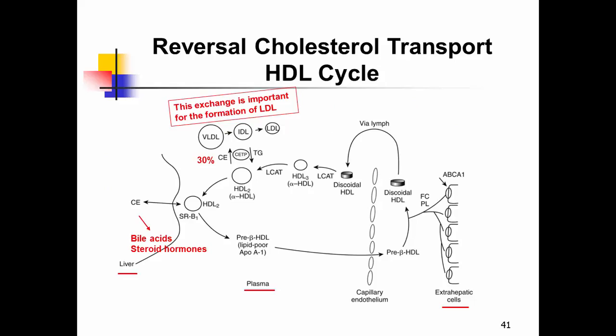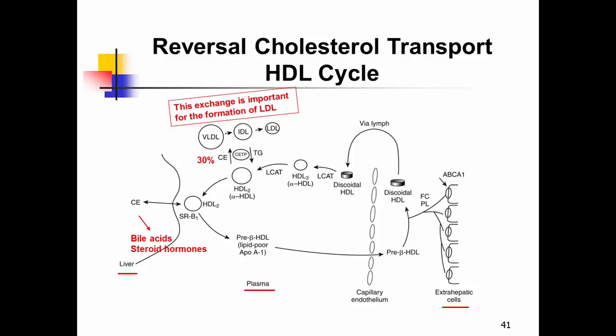So this diagram, I think, gives us a better idea of the whole process, particularly the many steps that occur in the plasma. Let's go through the whole process. The right side represents peripheral tissue cells, and you can see the ABCA1 located on the cell membrane of the peripheral tissue cells.